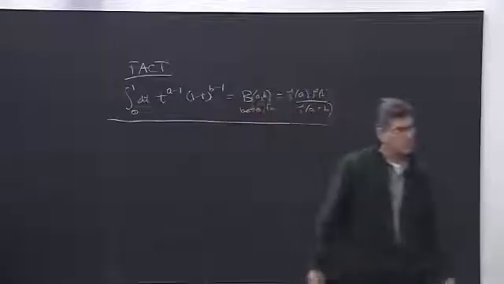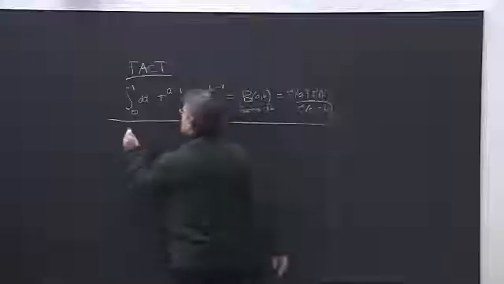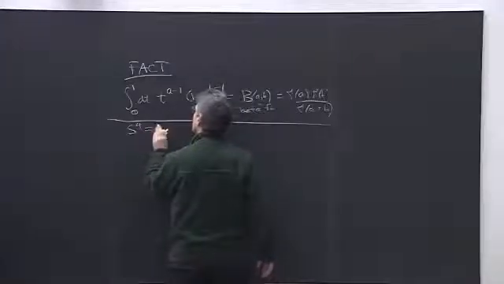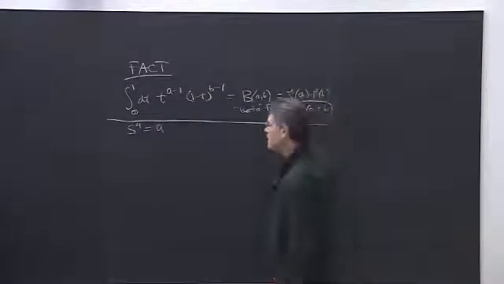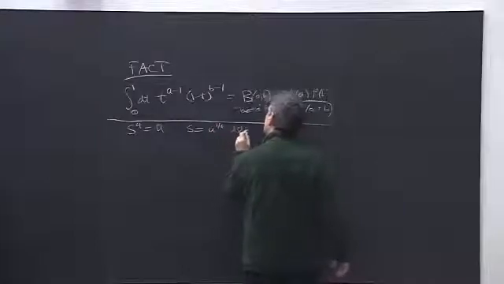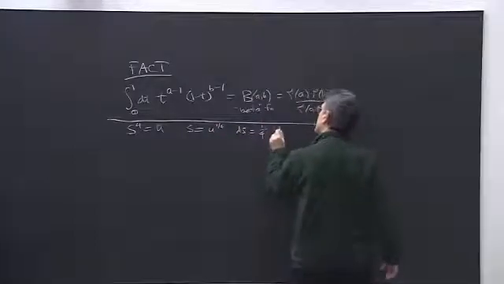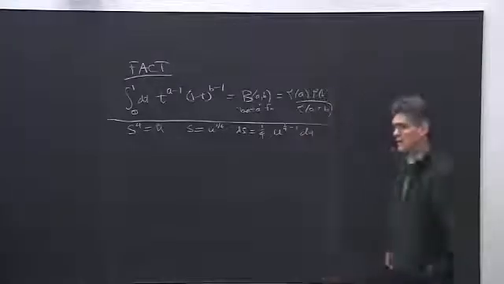So the natural substitution is to let s to the 4th equal something or other, u. So s is u to the 1/4, and ds is 1/4 u to the 1/4 minus 1, du.